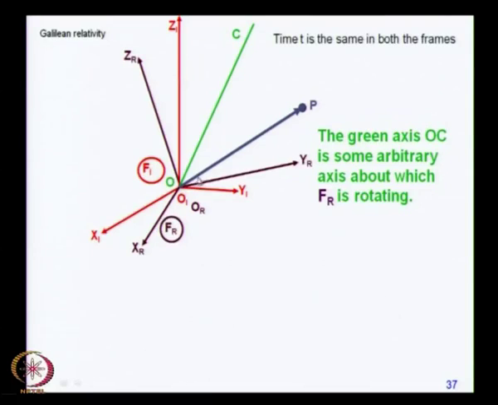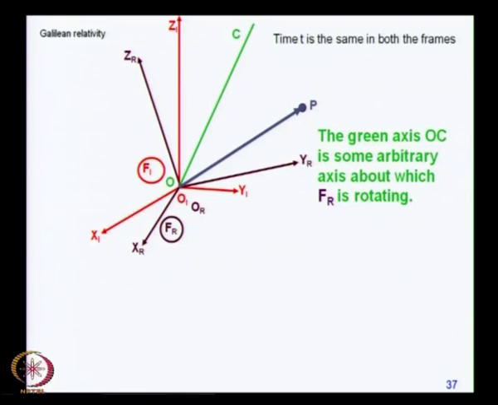So, the x axis will come here, the y axis will go here, the z axis will go here, and there will be this rotation of this, what is this color, purple, is it? I would think so.